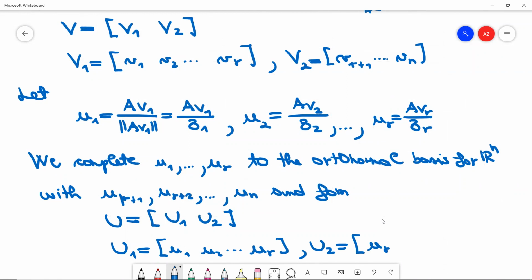So those vectors used to complete the set U1 up to UR to the basis for R to the power of n.